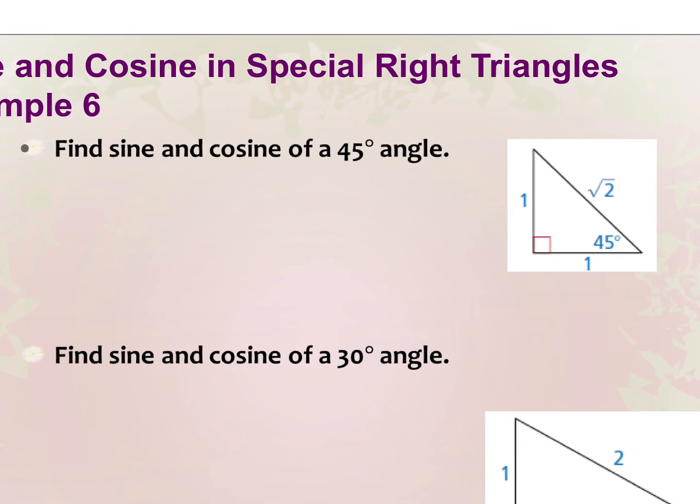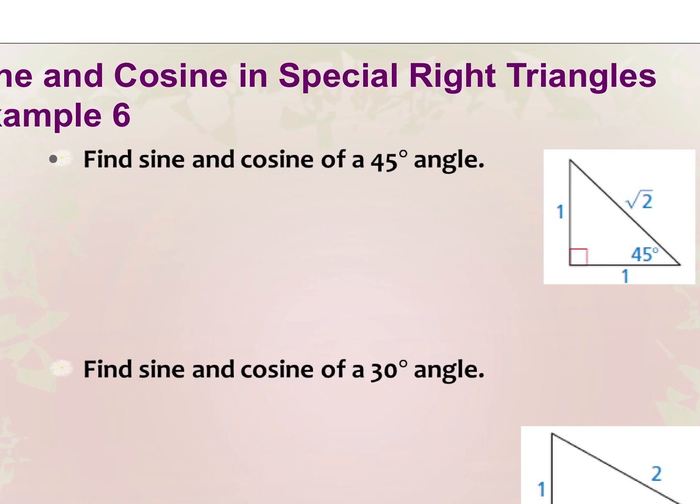So we're finding the sine and the cosine of 45 degrees, but we're using special right triangles. So remember, if you're taking the sine or the cosine of 45 degrees, you're dealing with a 45, 45, 90, correct?